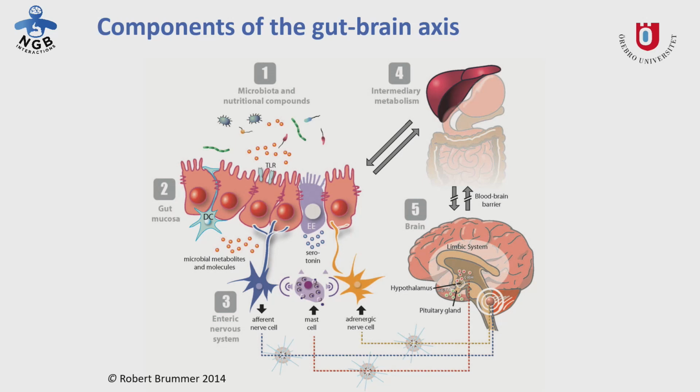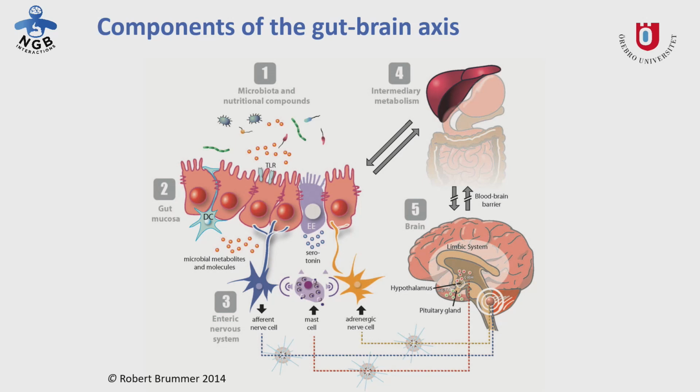So here we have a combination of specialized cells which can actually interact with the lumen, and with bacteria, and interact with the nervous system as well. And then the connection between this enteric nervous system and the brain is mainly by the vagal nerve, and that enters the brain and the brainstem, as you can see in number 5.